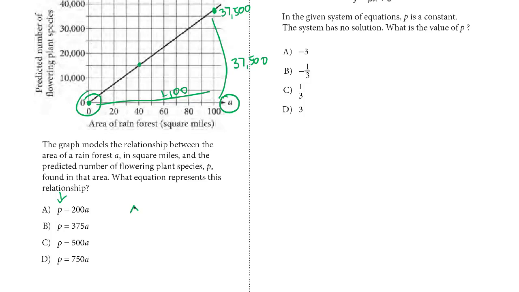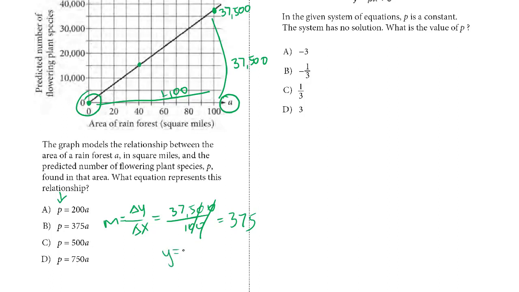That makes my delta y, delta x for the slope, that is change in y over change in x, 37,500 over 100. Cancel the zeros. My slope equals 375. My x variable is A, so the answer should be P equals 375A.